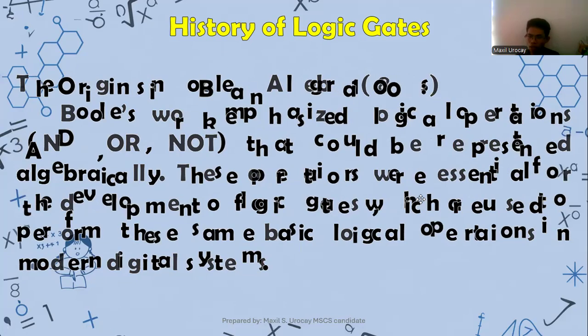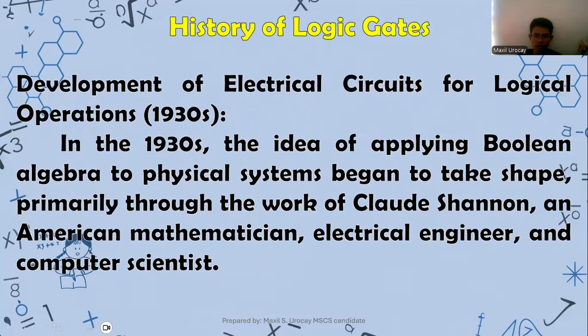Now, the development of electrical circuits for logical operations came around 1930, when Claude Shannon applied Boolean algebra to electrical circuits. He showed that electrical switches could represent digital electronics.